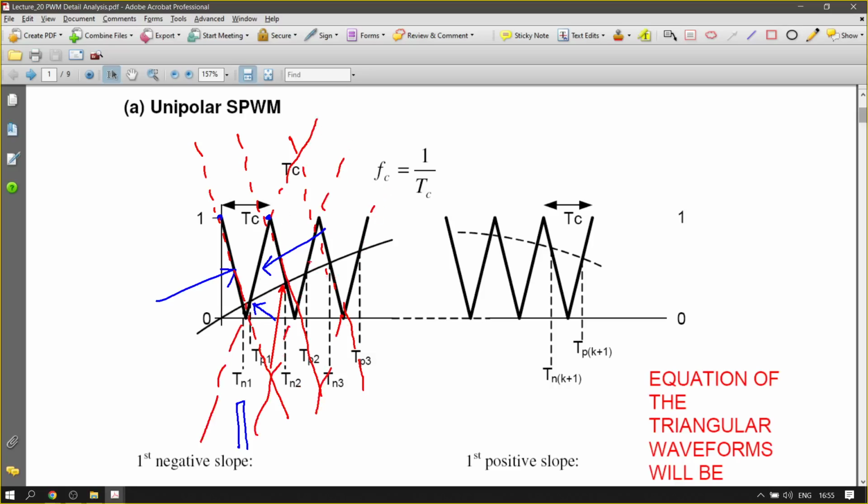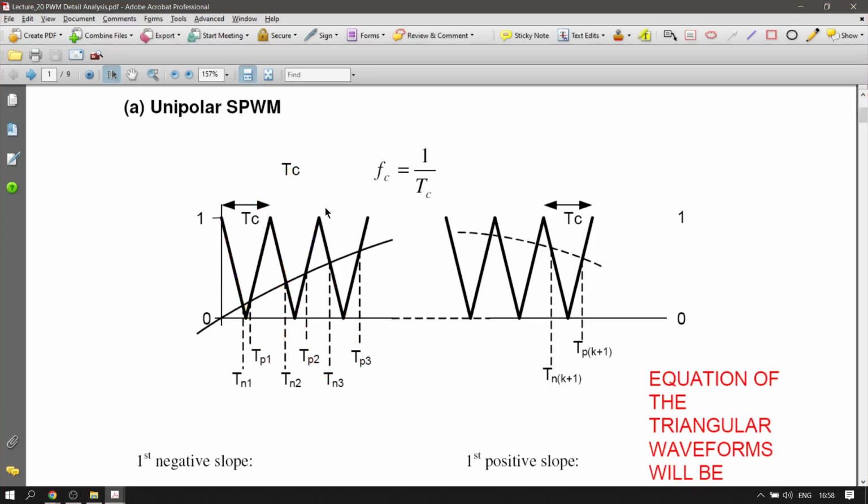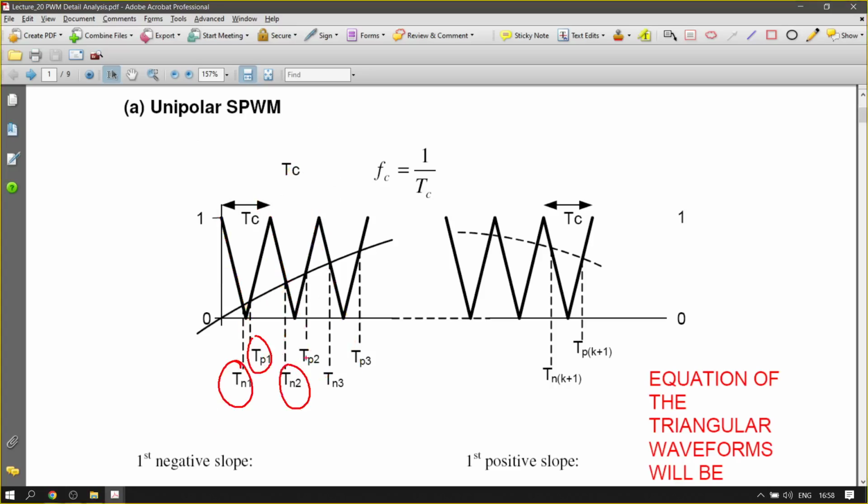Okay, right. So therefore, once you have this Tn1, Tp1, Tn2, Tp2, Tn3, Tp3, now you can generalize. You can generalize, which means if the intersection falls on the negative slope, then it becomes Tn(k+1), and if it's a positive slope, it will be Tp(k+1).